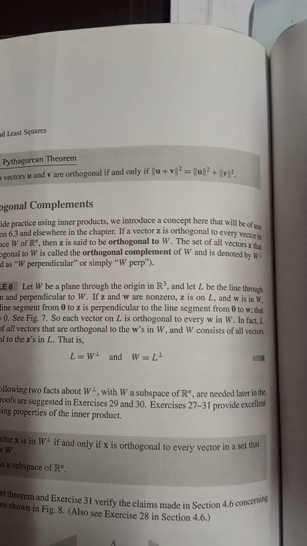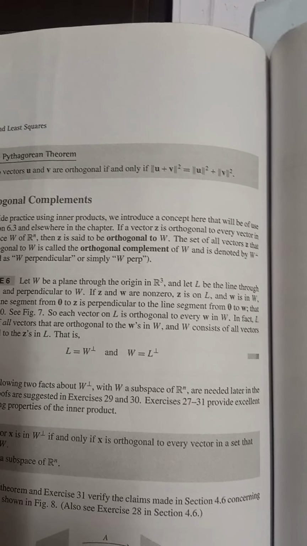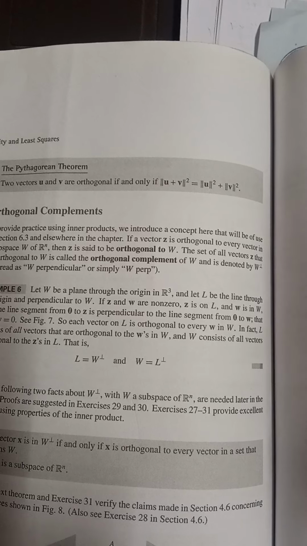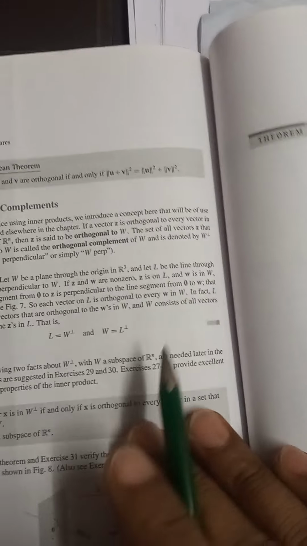Next, orthogonal complements. Orthogonal complement is a definition which is nothing but a collection of vectors. It is a collection of vectors in a vector space which are orthogonal to every vector in the subspace of R power n. Right? See here, suppose a vector space V is given to you.